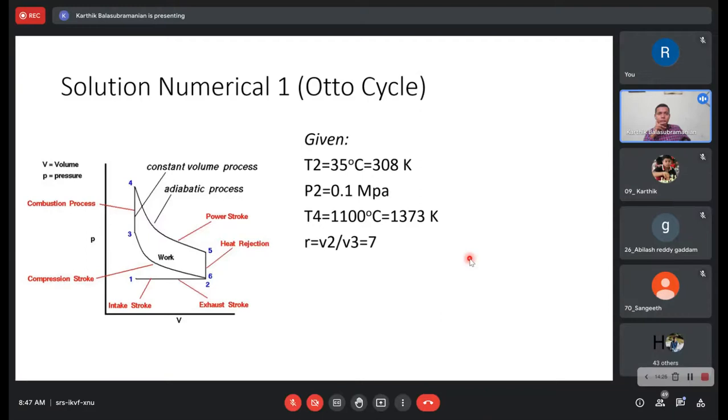So can we find P3 and T3? We are assuming that all these gases are ideal, so you can use the ideal gas equation. PV is equal to RT, or P is equal to rho RT, or whatever.